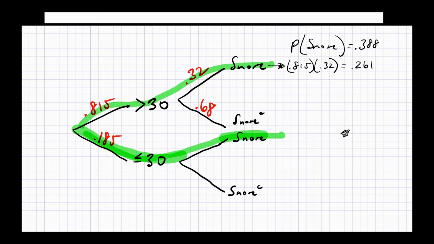Okay, so snores, 0.388, right? So 0.815 times 0.32, 0.261. Subtract that from the total number of snores, and I get 0.1272.